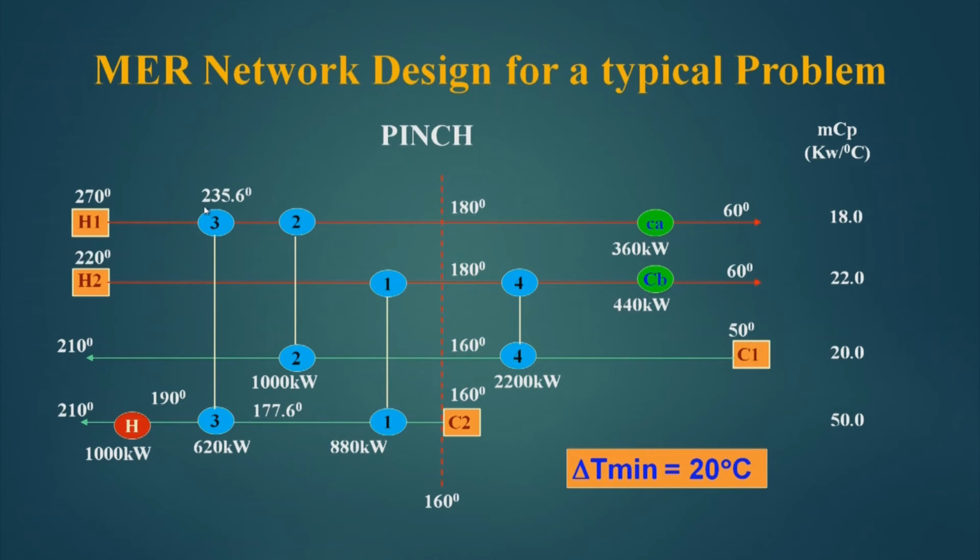This is a design, we are operating on an already available design, and this is a MER design where delta T minimum is 20 degree centigrade and this is the pinch. There is a heater and there are 2 coolers here, and there are 4 number of heat exchangers. So, we will apply here and see whether there are loops, and we will try to break a loop.